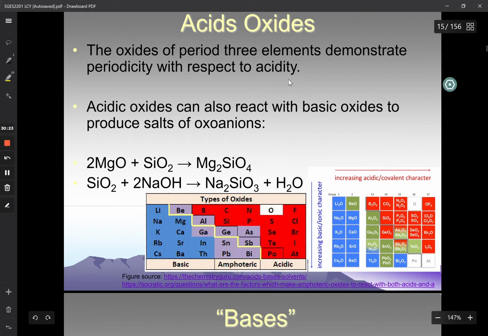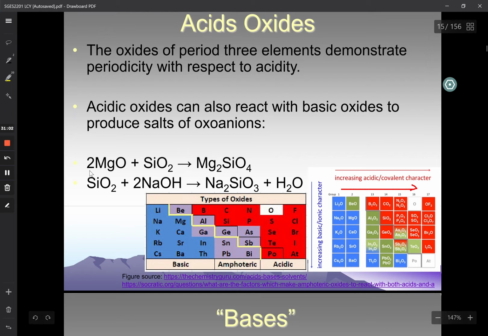The oxides of period 3 elements demonstrate a periodicity with respect to acidity. As you can see on the periodic table, if you move across the table from left to right, you have an increasing acidic character for the elements. Acidic oxides can also react with basic oxides to produce salt and oxyanions.